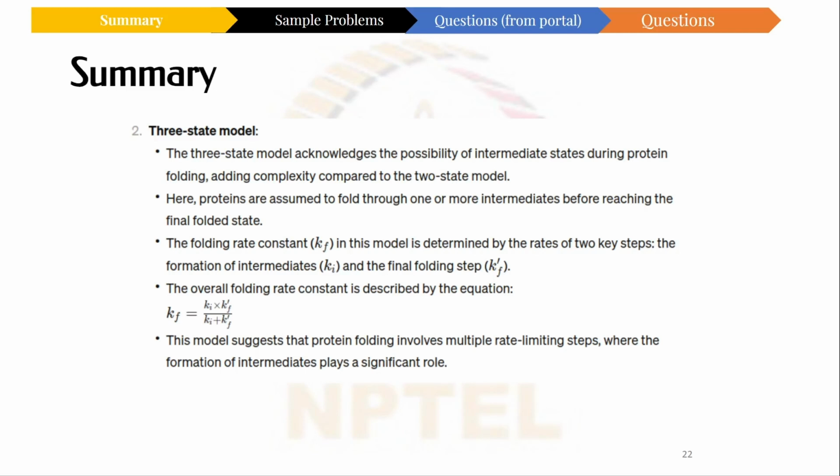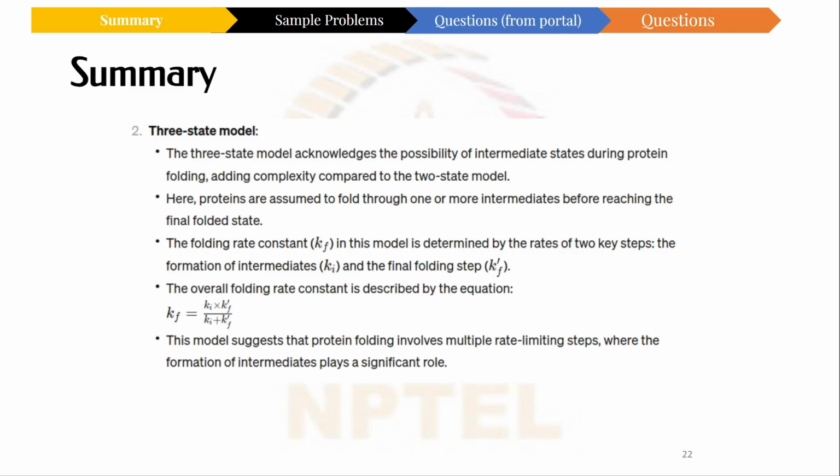In the three-state model, proteins are assumed to fold through one or more intermediate states before reaching the final folded state. The overall folding rate constant is described by an equation, Kf, as a function of K initial to intermediate and K intermediate to folded. This model suggests that protein folding involves multiple rate limiting steps where the formation of the intermediate plays a significant role.